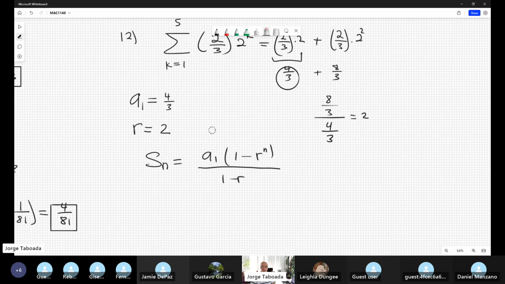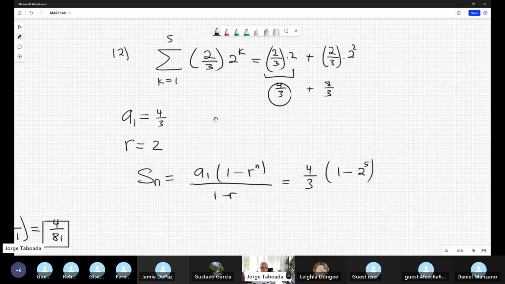Okay, let me try. A1 is 4 thirds. Parentheses, 1 minus 2, because R is 2, to the 5th power, because n is 5 in this summation, divided by 1 minus 2. 1 minus 2 is negative 1.